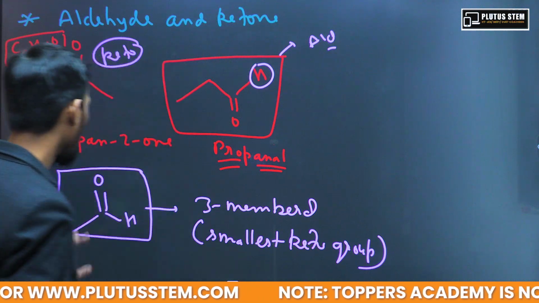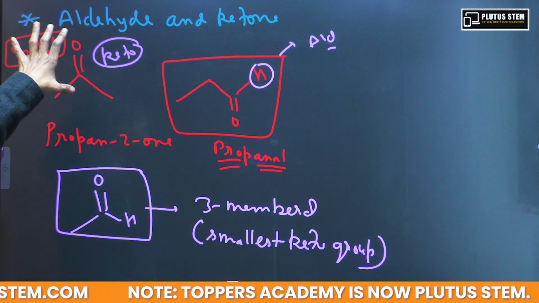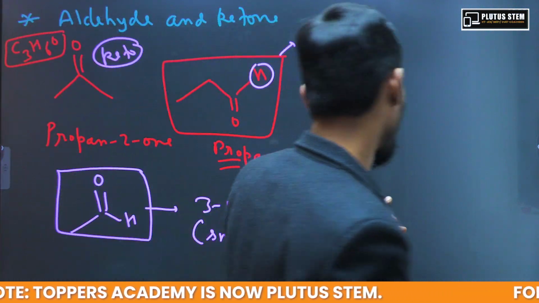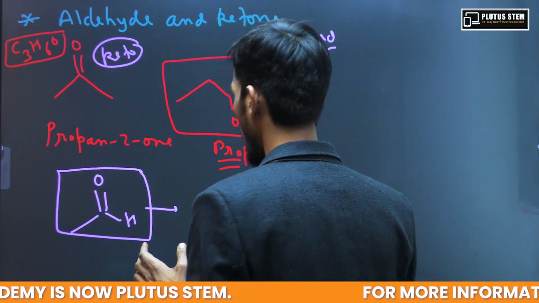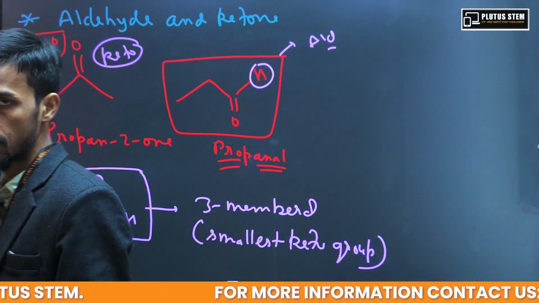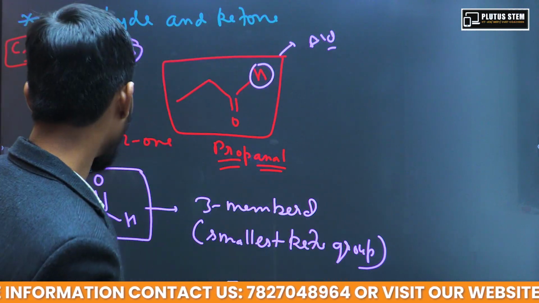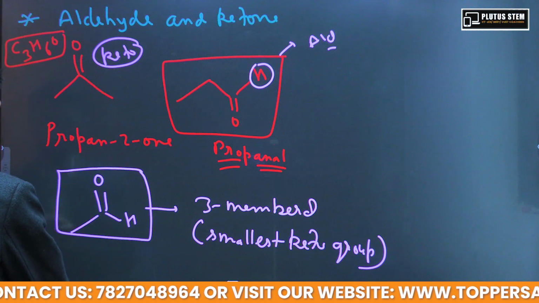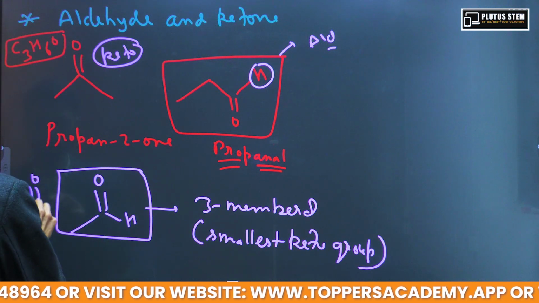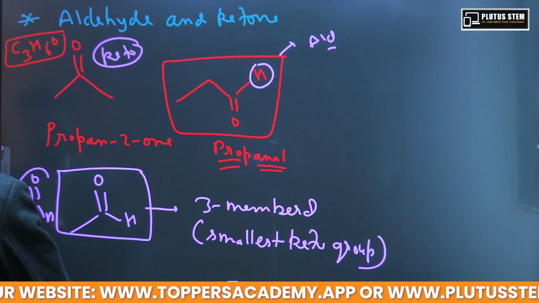Clear or not this thing? For ketone, this is the smallest number which can be present over here. We don't have ethanone. Clear or not? So this one and this one, they don't show functional isomerism with ketone.